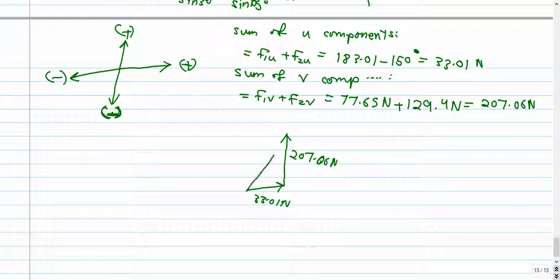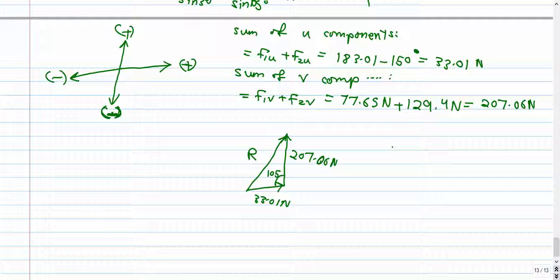And the resultant would be like this. We know the angle between the u and v axes in this quadrant is 105 degrees. So now that we know the lengths of two sides of our triangle and the angle in between, we can apply the cosine rule to find the length of the opposite side, to get the value of the resultant.